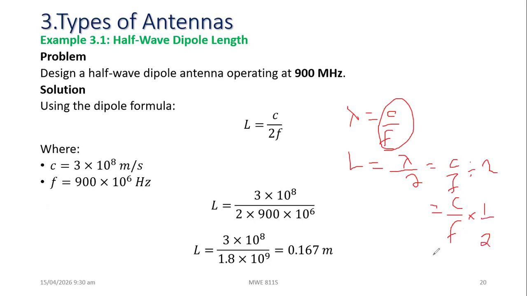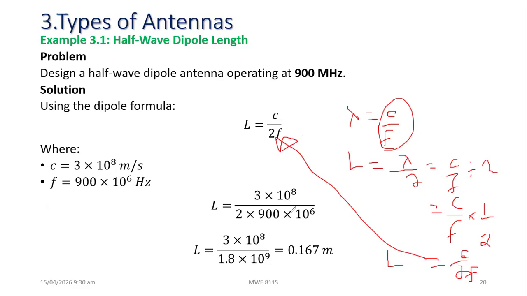Change the division into multiplication, and when you multiply that, you get C divided by 2F. Essentially, I was just trying to show how the L has been derived in that equation.